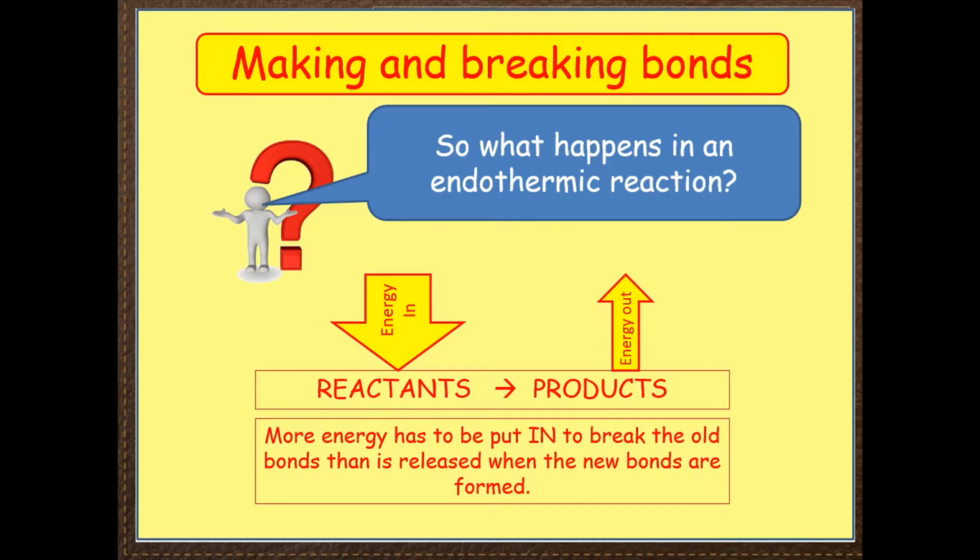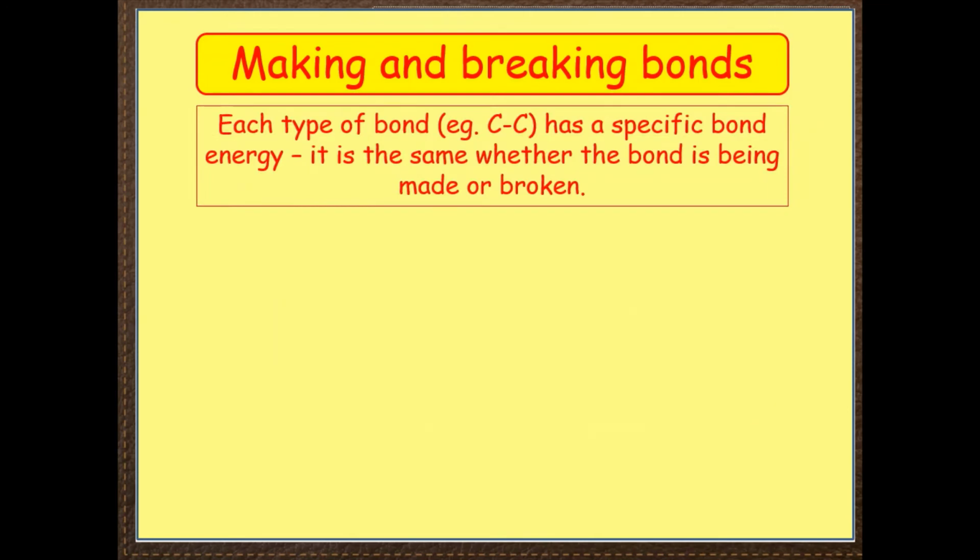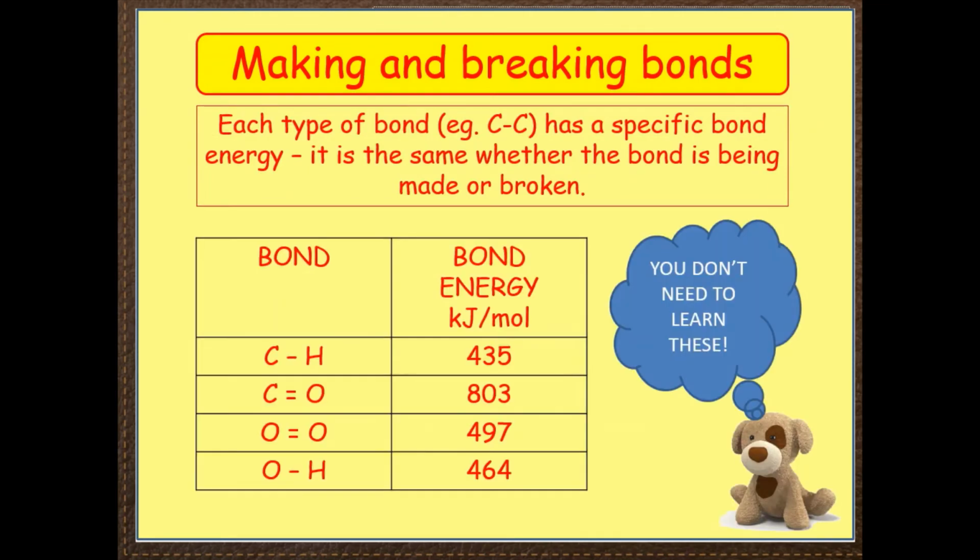Now let's see how we can use this idea to calculate what we call the bond enthalpies. For every chemical bond that is made or broken, a value is attached to the bond, and this value is known as the bond energy.